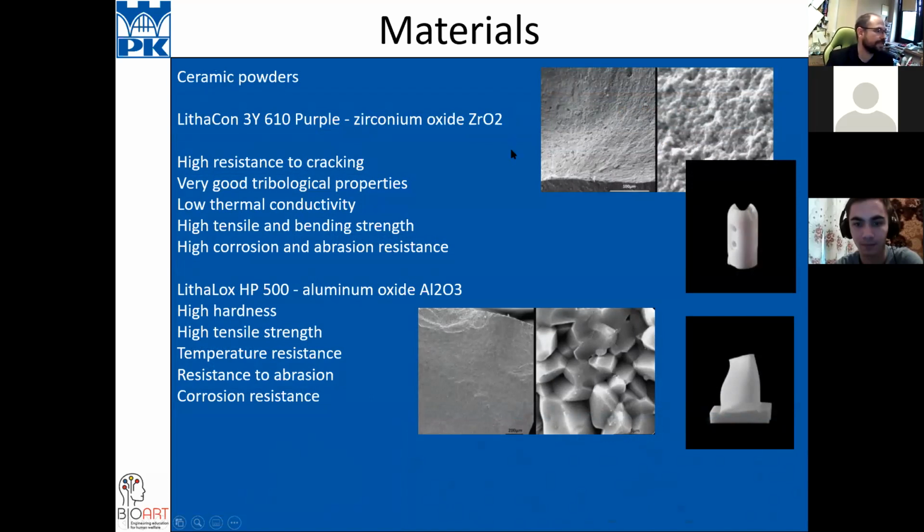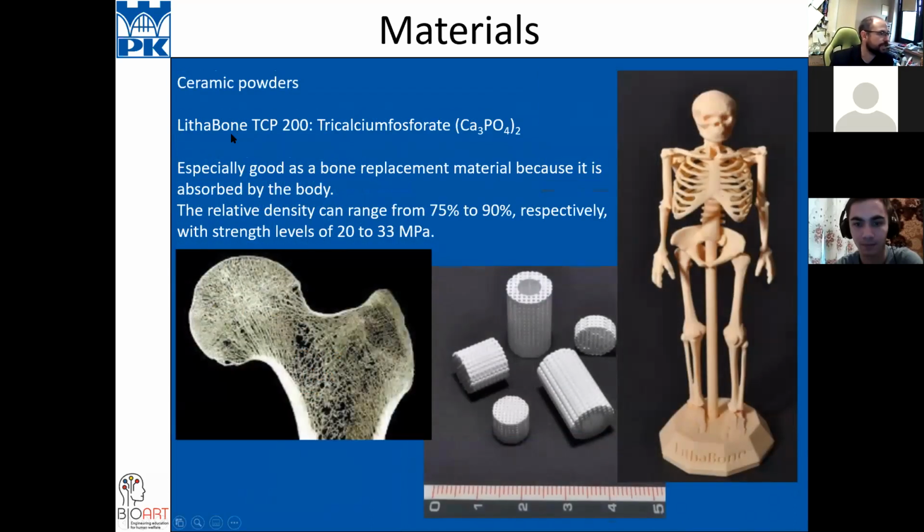Here you can see some ceramic powders to make some ceramic things, and here you have this powder called Lita bone, and you can use it to print artificial bone.